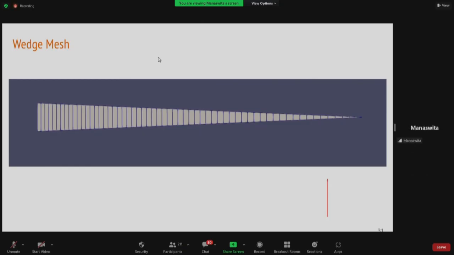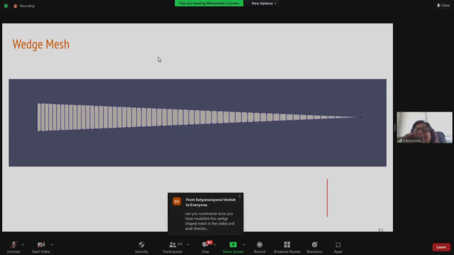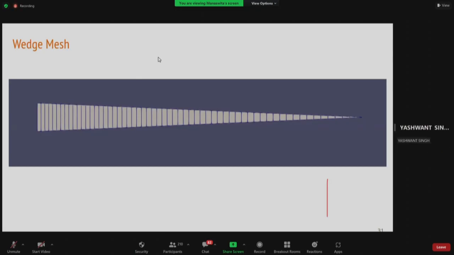Yes, this is one thing, because you always want to capture the wall effect. Wall effect means wall shear stress, ma'am? See, at the wall, velocities become 0 and the gradient is high, so that you want to resolve.